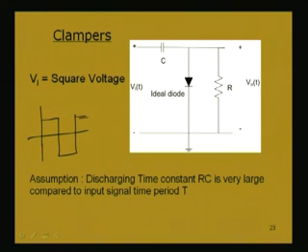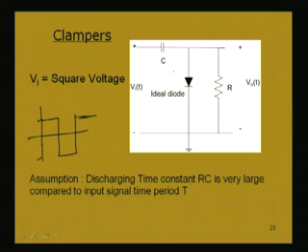It is an AC, no doubt, but this peak and this peak are exactly equal and it is square. Now, one assumption is very important here: the discharging time constant RC of this circuit is very, very large compared to the time period of the input voltage. That will be an important assumption that we will see later on.